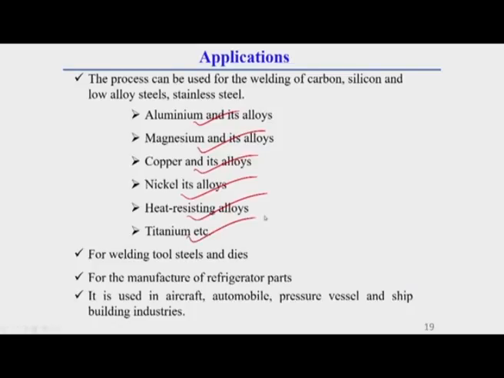So it is used on different types of material. It can also be used for welding tool steel and dies, and is widely used in the manufacturing of refrigerator parts. It has wide application in the aircraft industry, automobile industry, pressure vessels and shipbuilding industry.